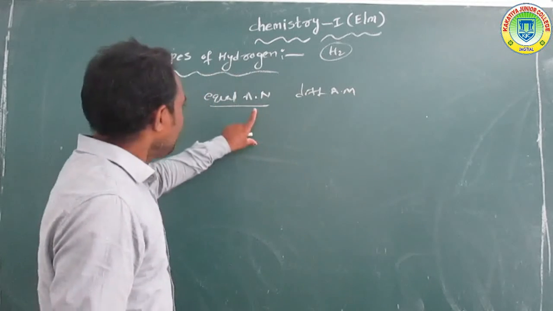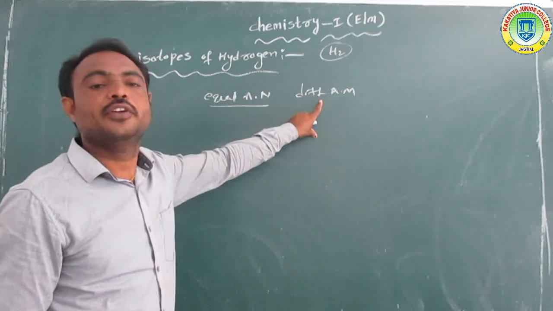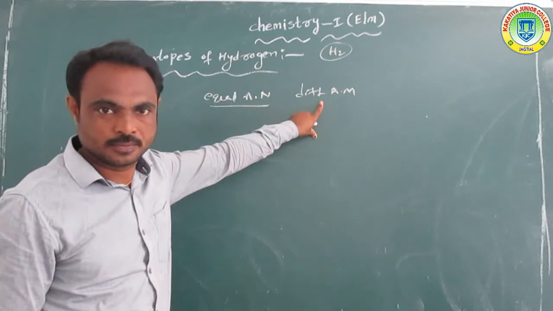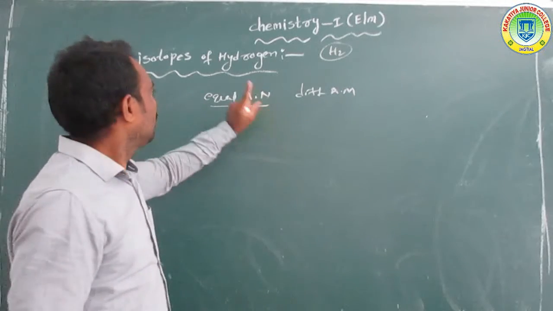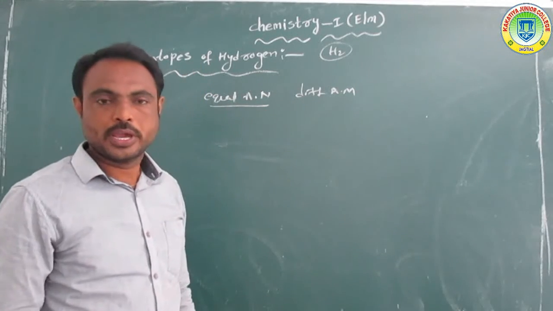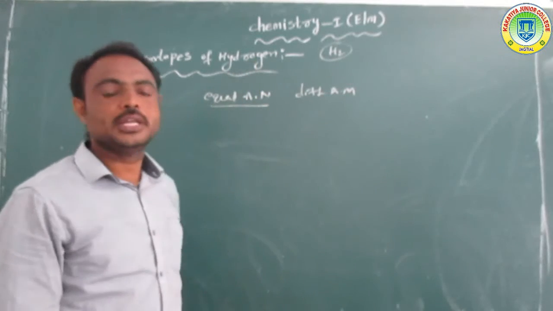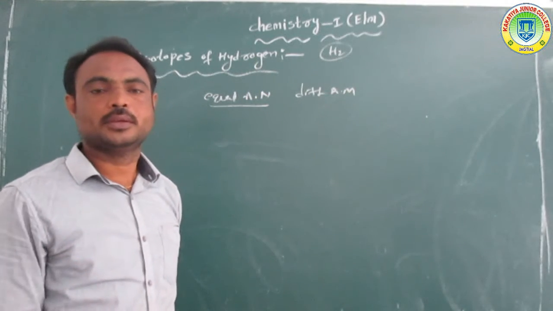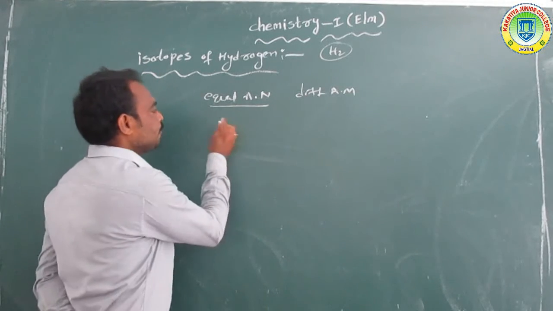Okay, so overall: equal atomic number but different atomic mass. Here, hydrogen exhibits the isotopic property. So how many types? 3 types.